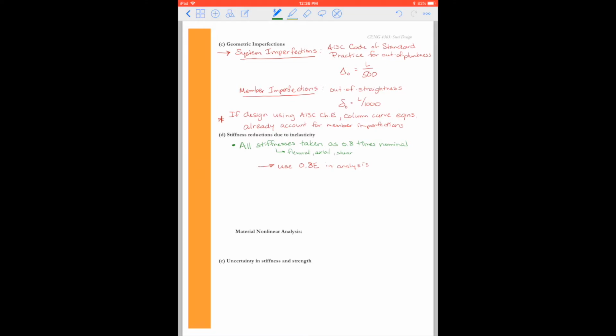The other thing we need to do, and I'll put an "and" over here, is that we have to do both of these. We also need to reduce all flexural stiffnesses by a tau beta factor. So all flexural stiffness should be taken as 0.8 tau_b times the nominal.